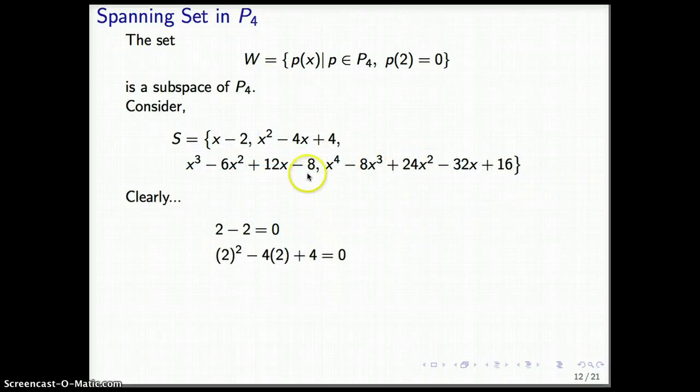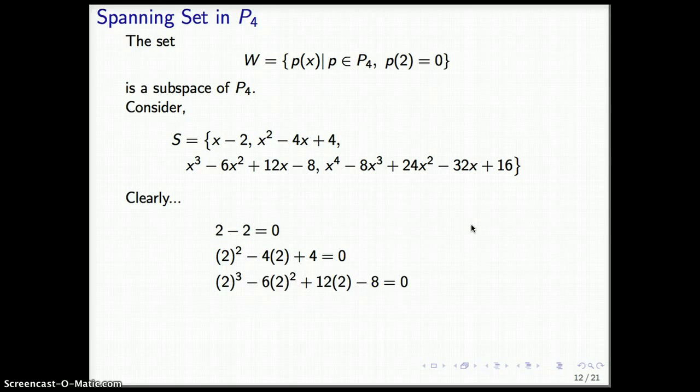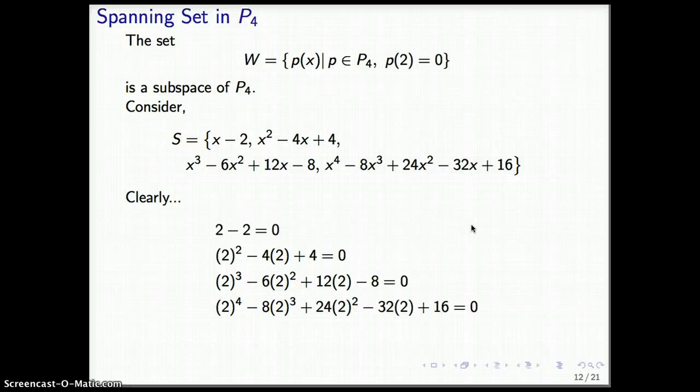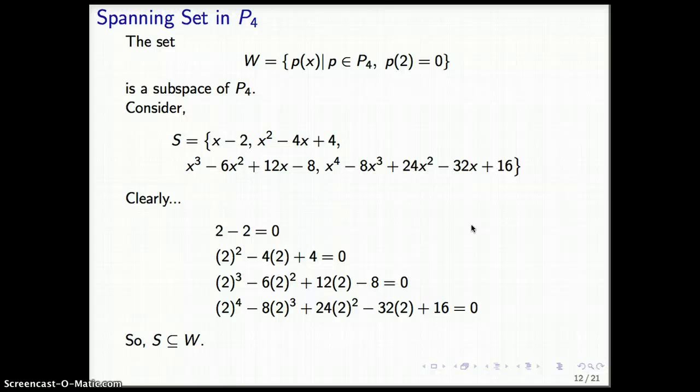It's not difficult to verify the second member, and this implies that U2 is in W. Then we have another expression which implies that U3 is in W, and so is the last one, U4. All those U1, U2, U3, U4 are members of W. So each of those elements is a member of W, therefore the entire set is a subset of W, and that's how we would write it.